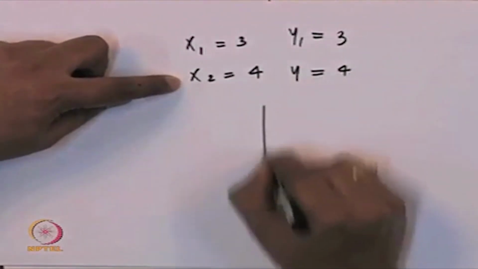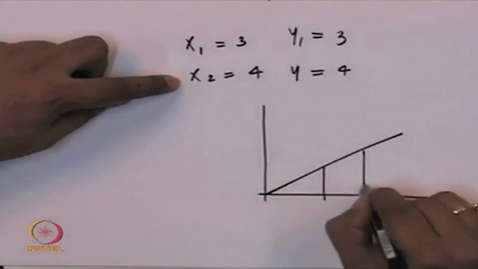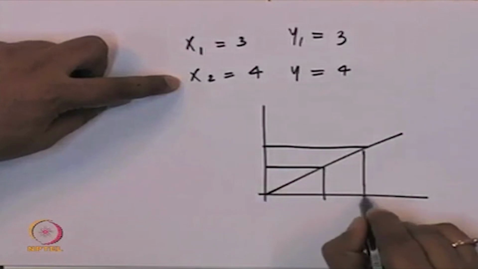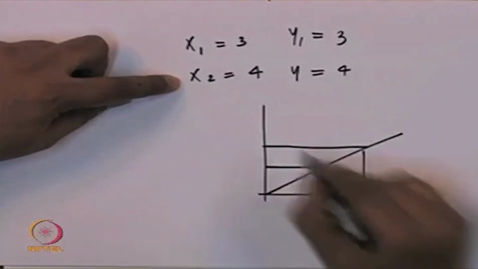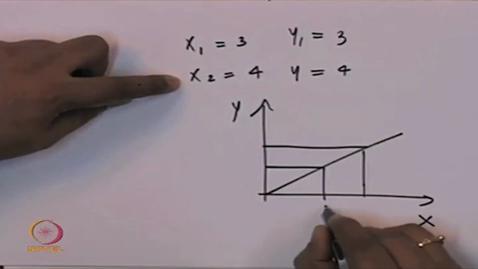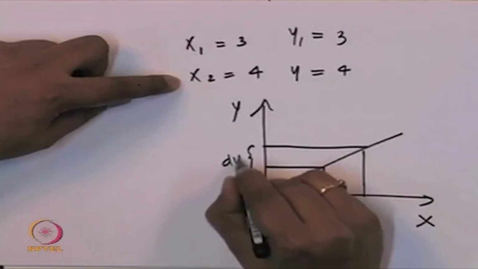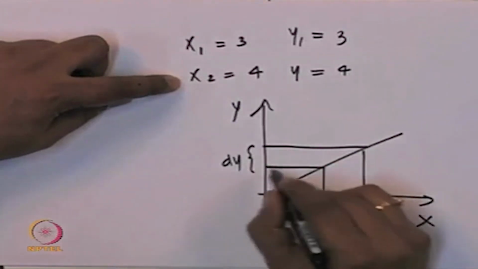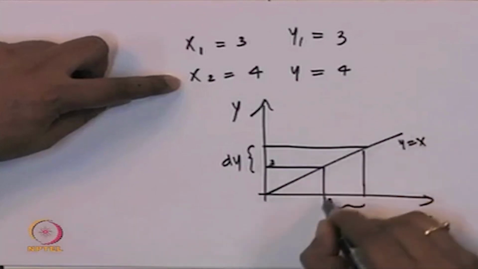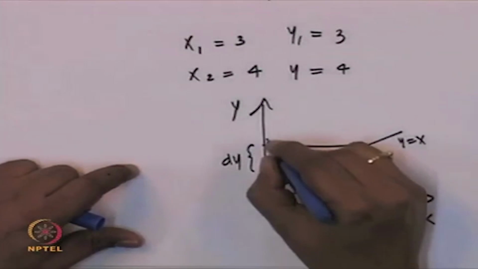As you saw in this curve here, this is x and this is y, this is dx and this is dy. If this is the y equal to x curve, this is 3 and this is also 3, this is 4 and this is also 4.